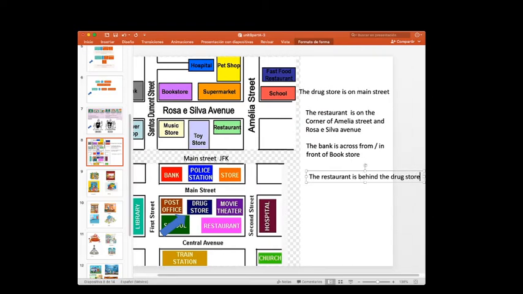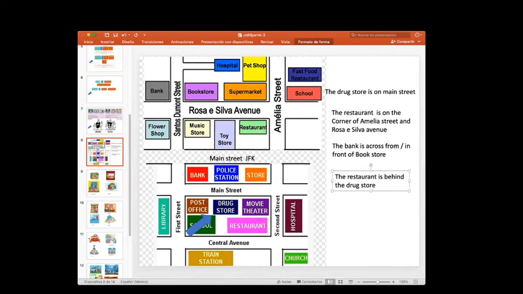Okay, check. The restaurant is behind the drugstore. What other preposition of place do we have? Well, those are the most common prepositions of place, used for giving some directions or information about places.